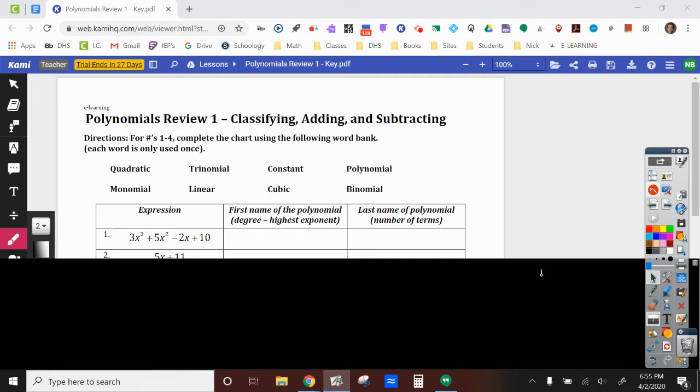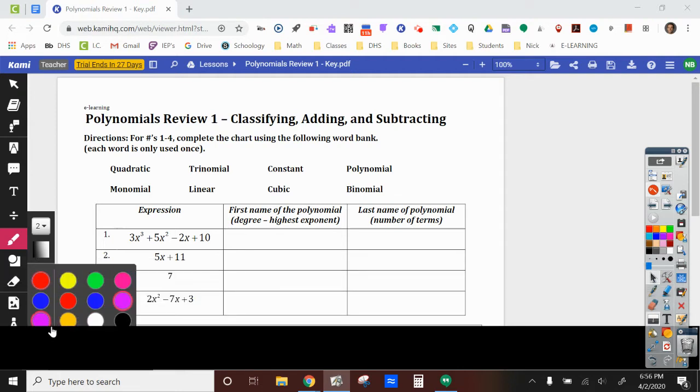All right, so let's look at example 1 here. We have 3x to the third plus 5x squared minus 2x plus 10. If we're going to give it a first name based on the degree, we're going to look for the highest exponent. On example 1, I see that my highest exponent is this number 3. If a polynomial has a degree of 3, this is going to be called a cubic.